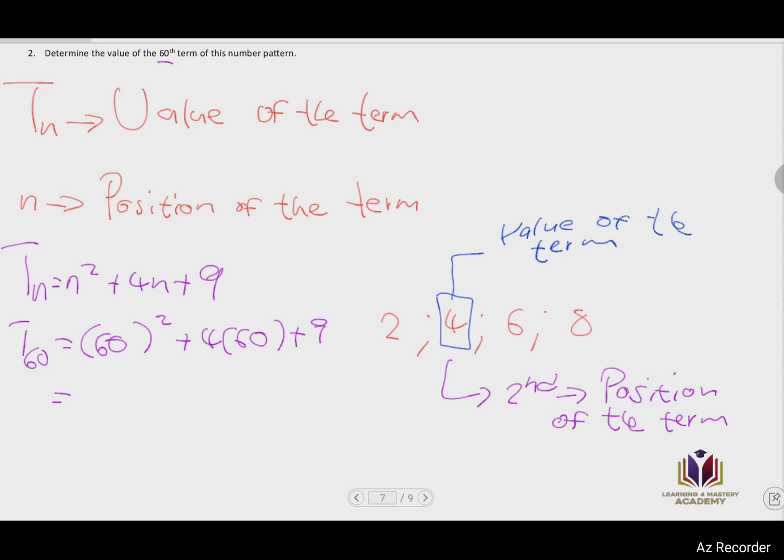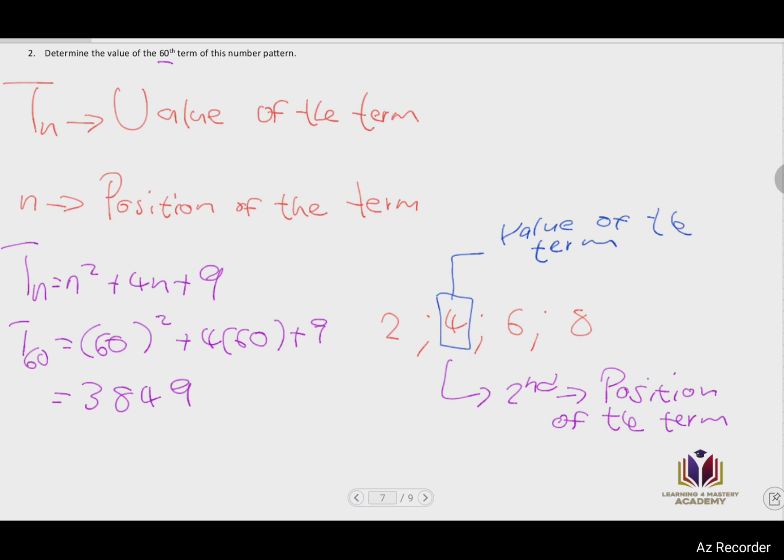We're going to have 60 squared plus 4(60) plus 9. That gives us 3,849. So the 60th term of this number pattern is 3,849.